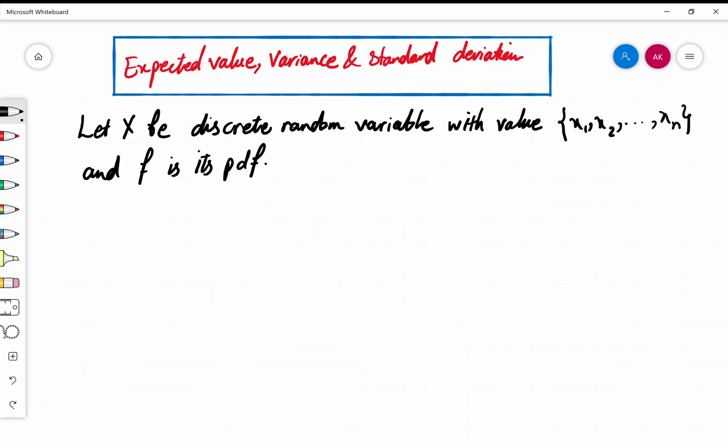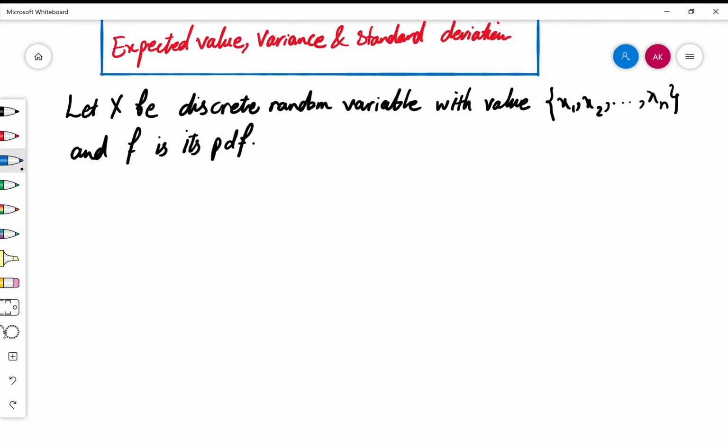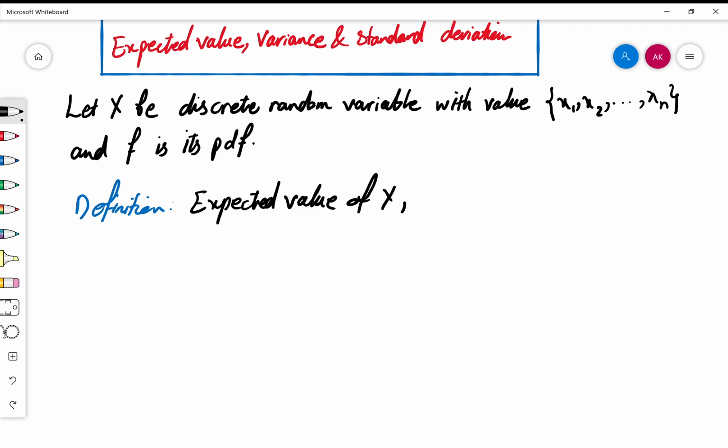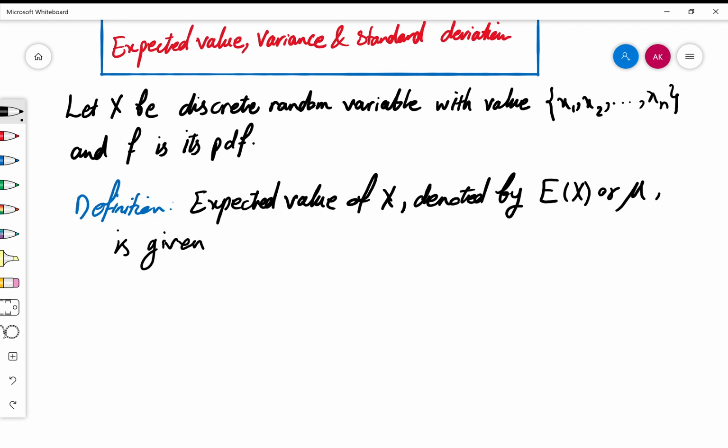Now we want to define what is the expected value of X. So the expected value of X, which we denote by E of X, or simply just mu, is a number given by this formula.